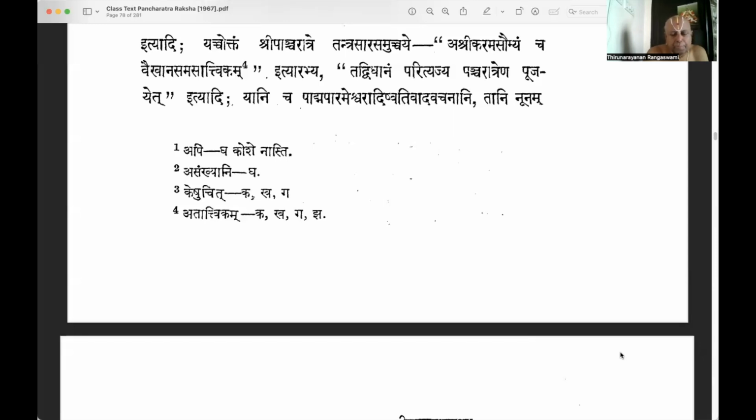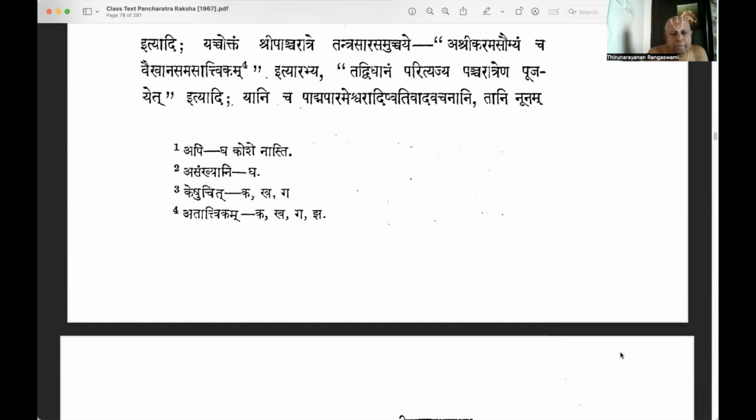Tadvidhanam, that procedure. Parityajya, giving up that procedure, namely Vaikhanasam Asatvikam, which is Ashrikaram and Asaumyam. The Vaikhanasa which is not good and which brings down the prosperity and which is not pleasant.